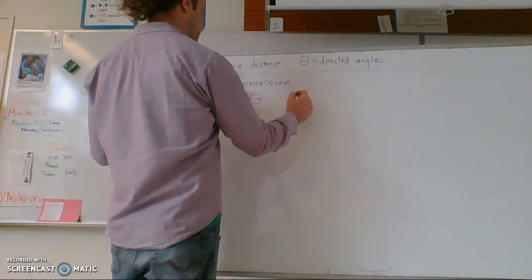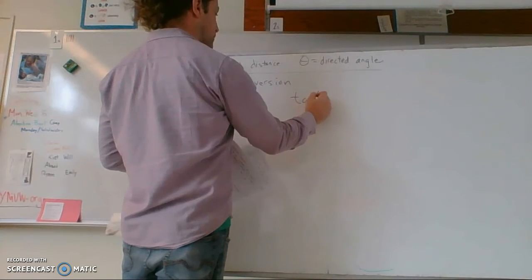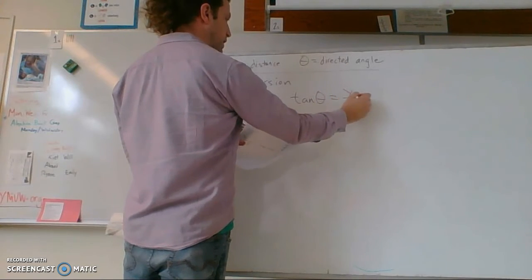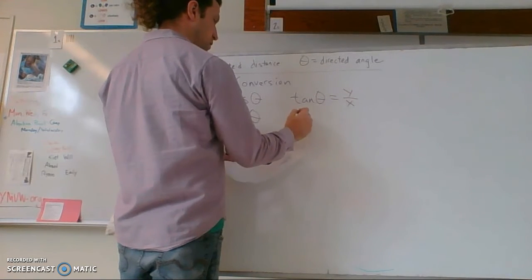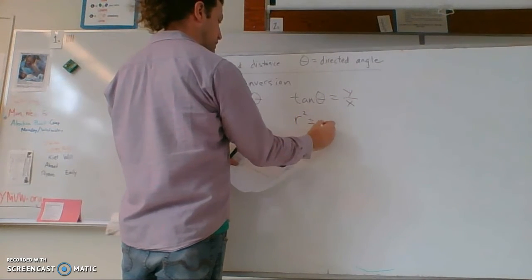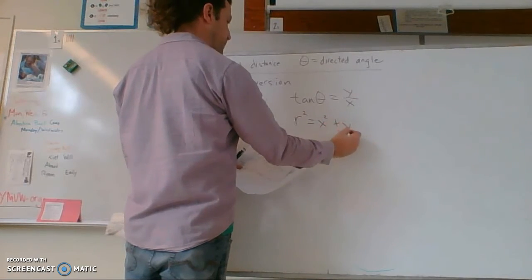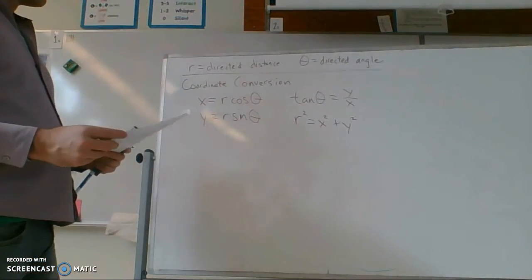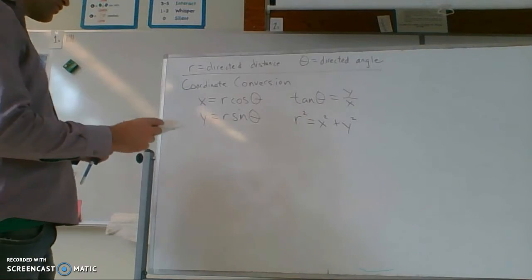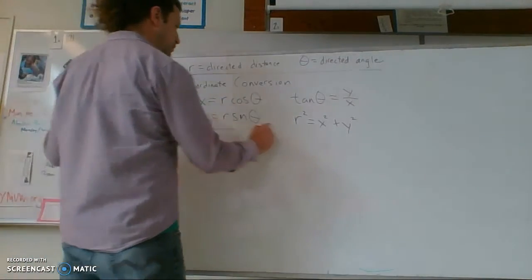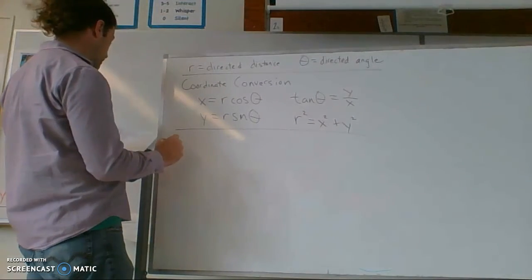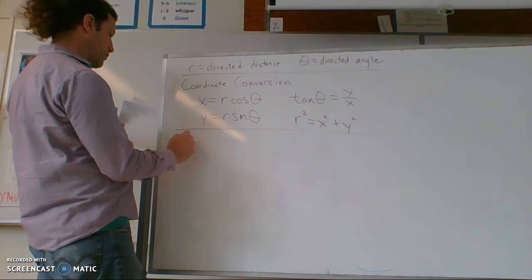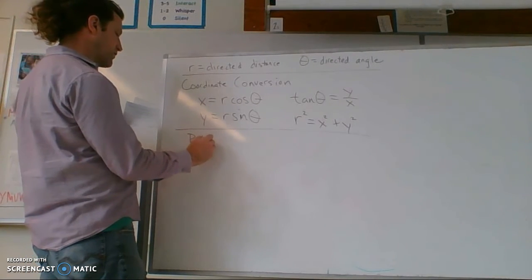And to find theta, we always say, well, tan theta equals, maybe you remember, y over x, and r squared equals x squared plus y squared. So using this, we can convert polar coordinates to rectangular. So polar to rectangular example.